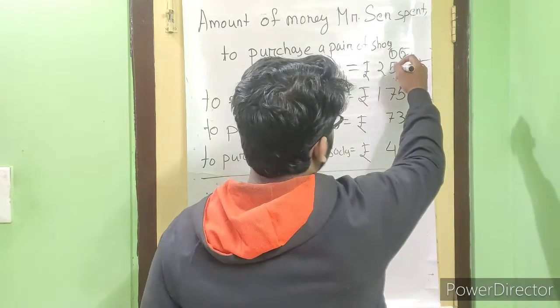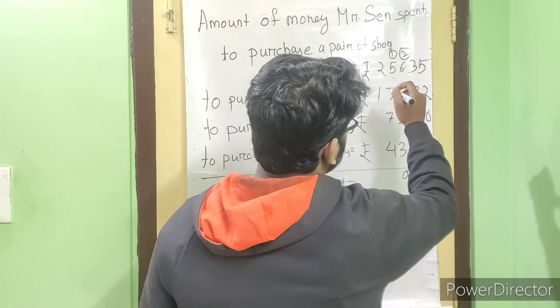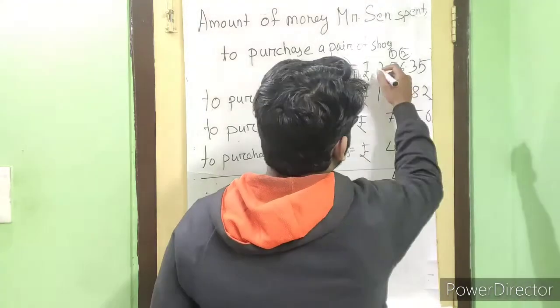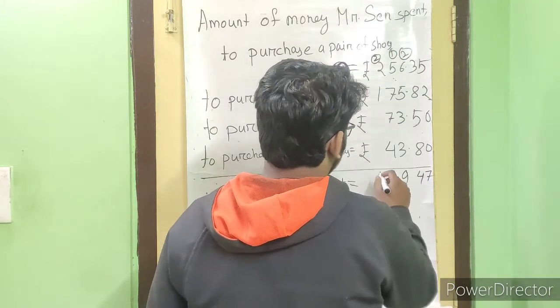Sorry, I am doing it wrong. 5 plus 1 equals 6, 7 plus 7 is 14, 14 plus 6 equals 20, 20 plus 4 is 24, carry 2, 2 plus 4 plus 1, 5.